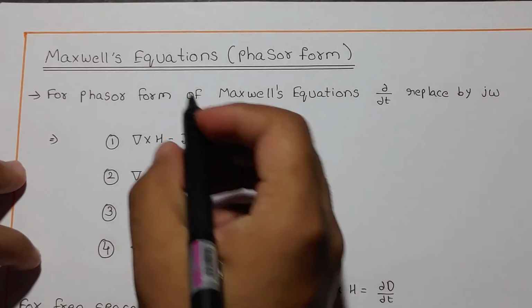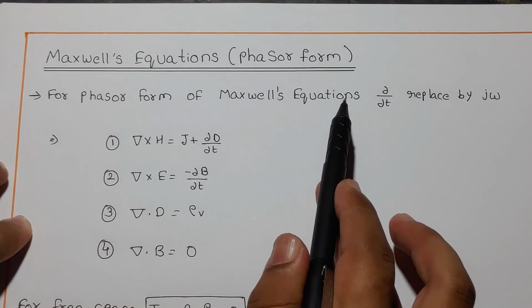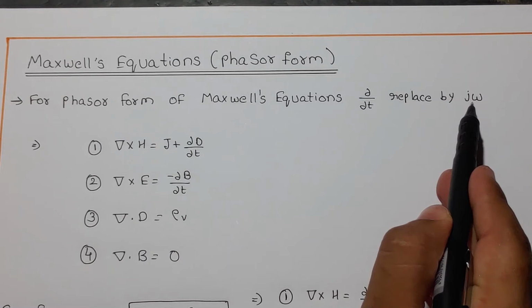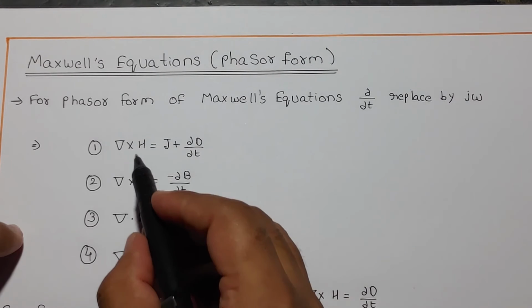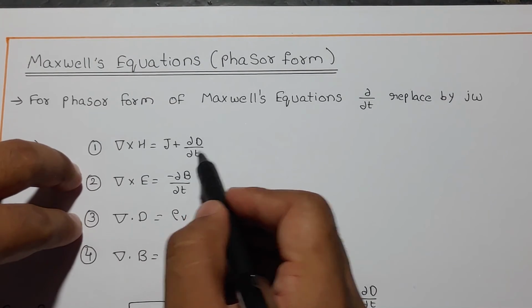Now let us look at Maxwell equations in the phasor form. For the phasor form of Maxwell equations, replace dou by dou t by j omega. That is, del cross H is equal to J plus dou D by dou t.